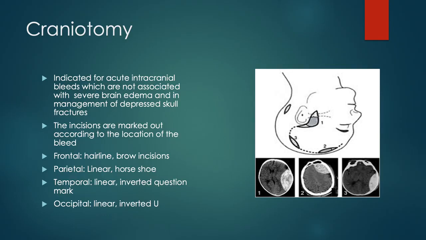So if you have a frontal bleed, like this bleed here, we usually prefer to have a hairline incision that runs like that. Or you can do a brow incision which runs like that. Because the supraorbital nerve runs through a groove there, we usually do the lateral 2/3 of the brow to avoid injuring the supraorbital nerve.